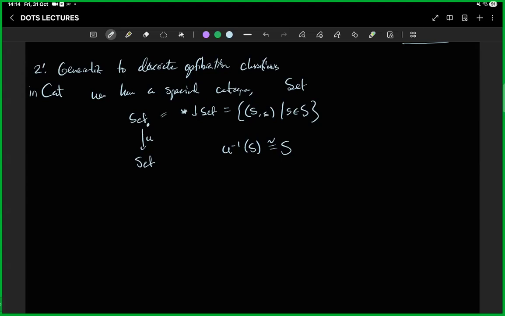Because U inverse of S is all the sets together with elements whose set is S. So it's just the elements of S.